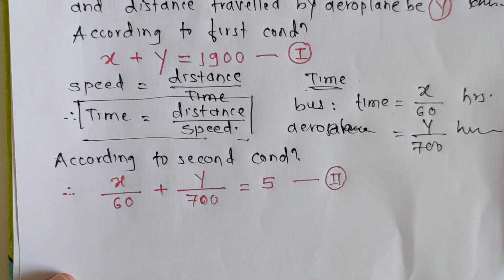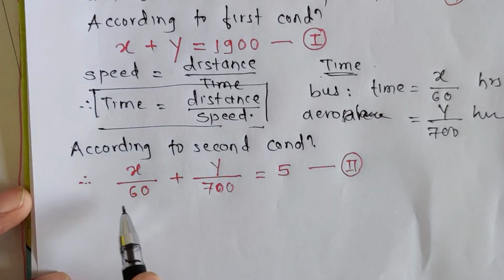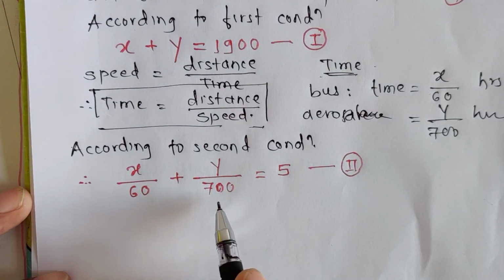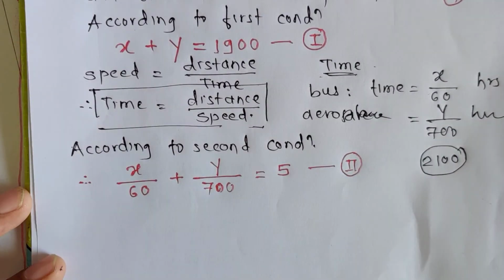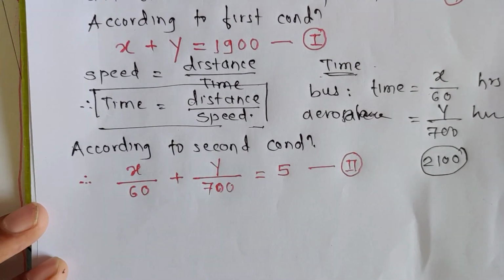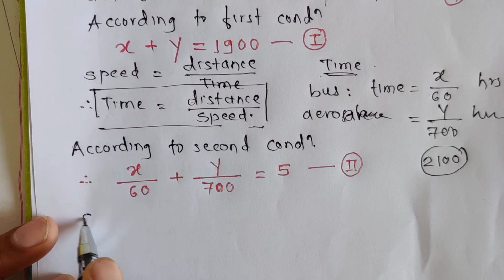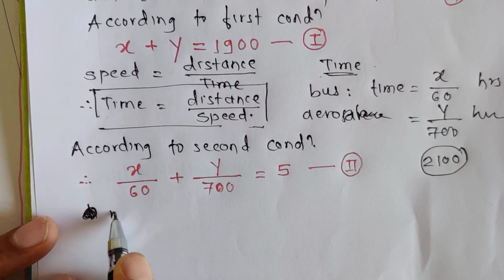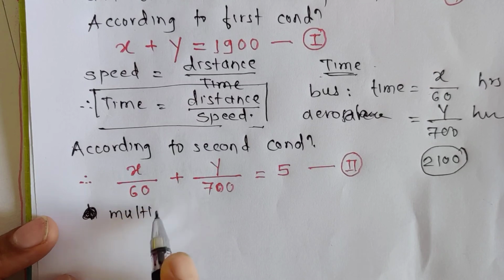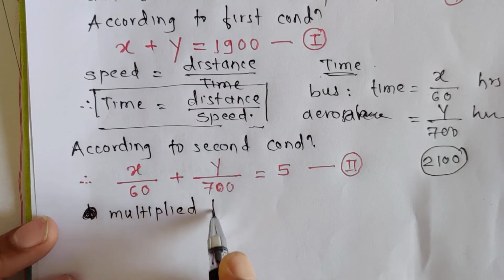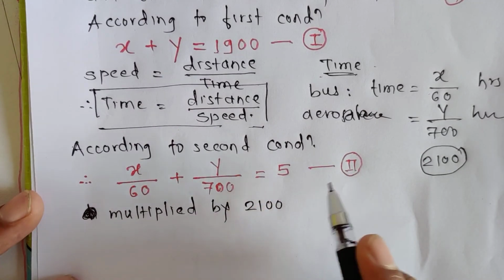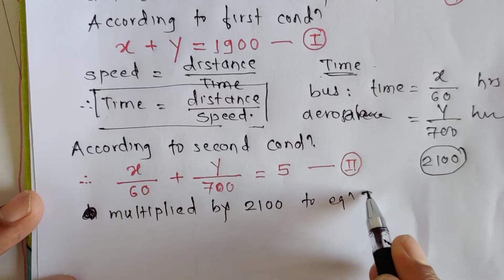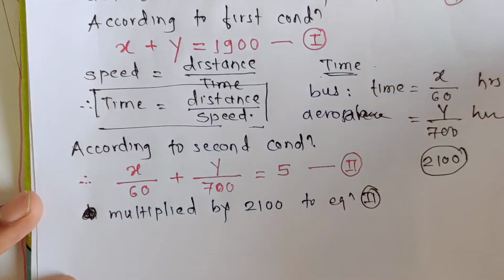Now how to simplify this second equation? Find the LCM of 60 and 700. This LCM, the least common multiple, is 2100. Now multiply 2100 to equation 2, both sides of the equation 2.